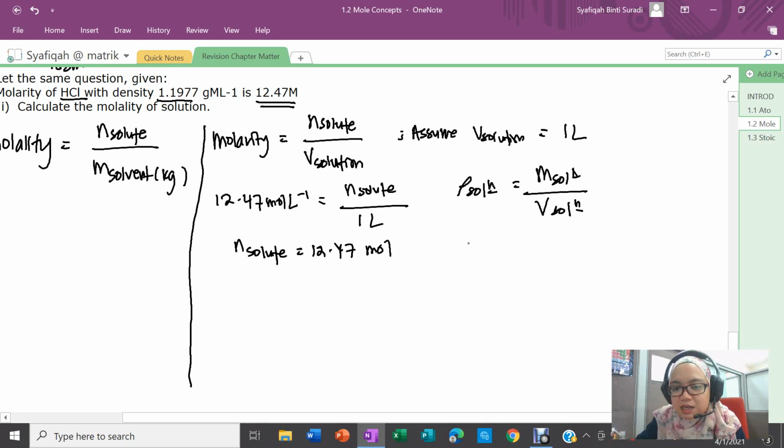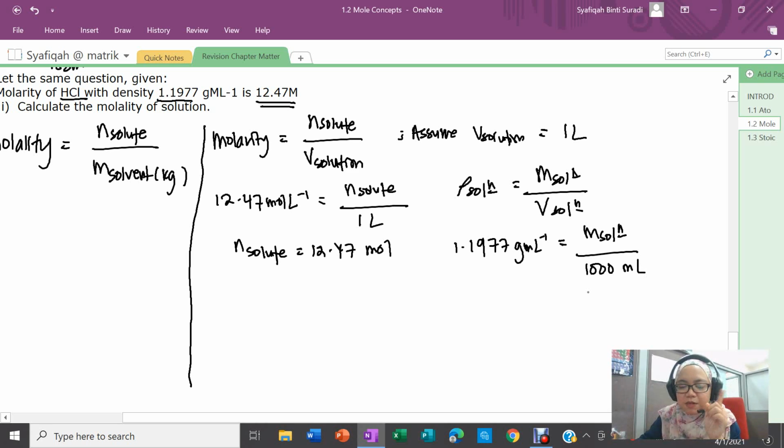So, sekarang ni, kita masukkan je semua maklumat kita dapat tadi. 1.977 gram per ml equals mass solution kita nak cari divide dengan volume solution. Volume solution ni 1 liter tapi convert jadi ml. Kenapa? Sebab density in unit ml. So, jadi 1000 ml. Okay, remember make sure you memang kena betul-betul make sure unit semua sama. Jangan tiba-tiba density ni ml tapi you punya unit volume liter.